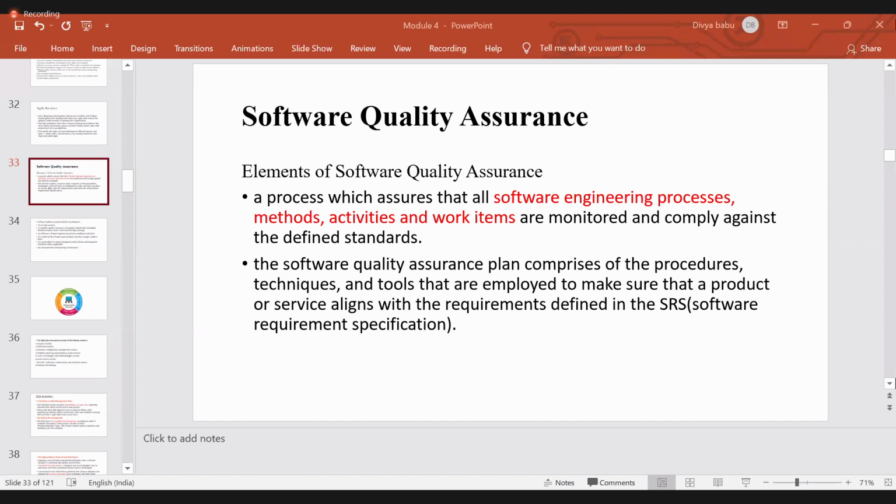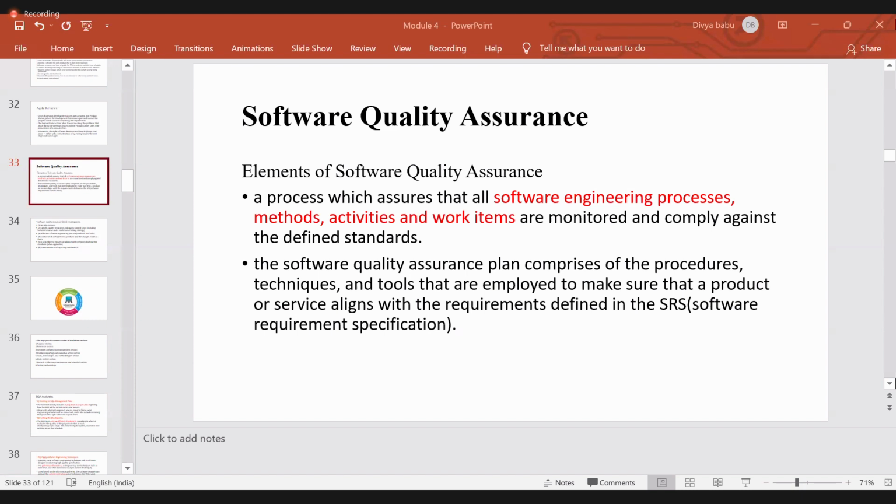And we always check against defined standards, right? So if the software followed the standards, then we could say that the software is a high quality software.